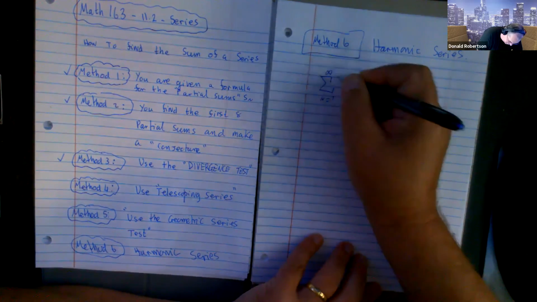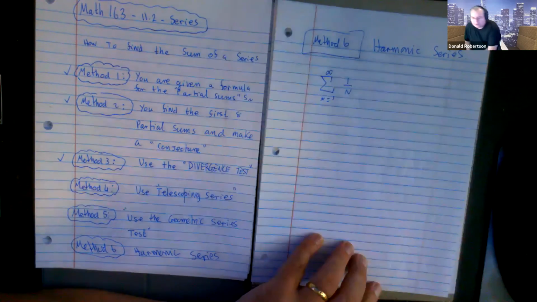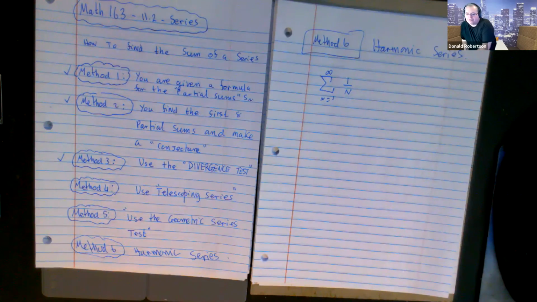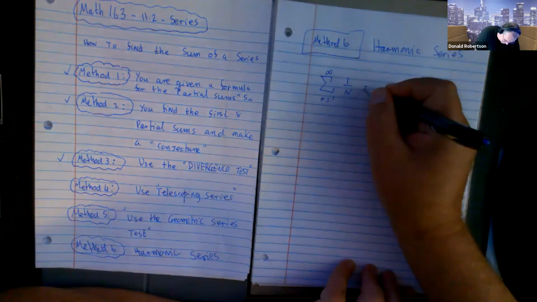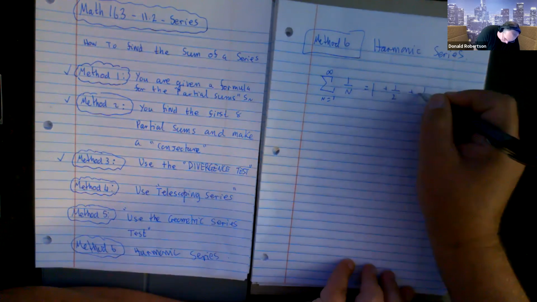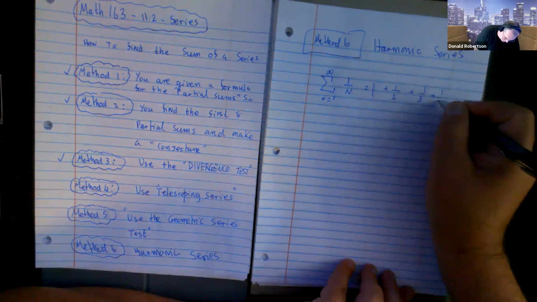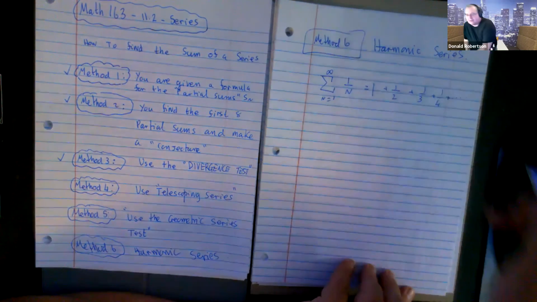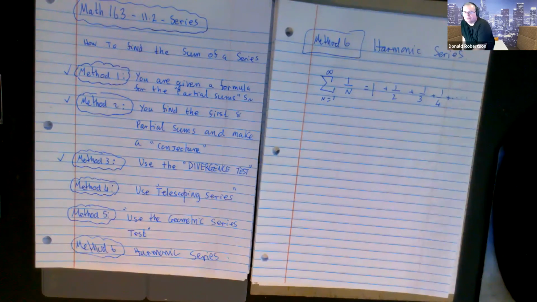This is the mother of harmonic series. This is where they were all born from. And harmonic series diverge. And you're kind of trusting me on this that they diverge.